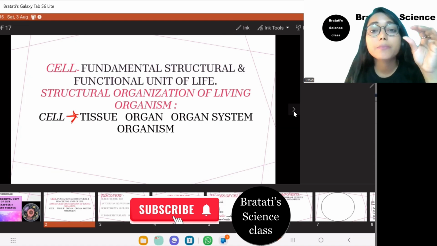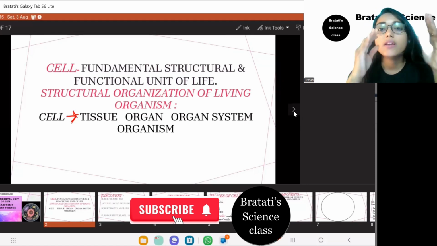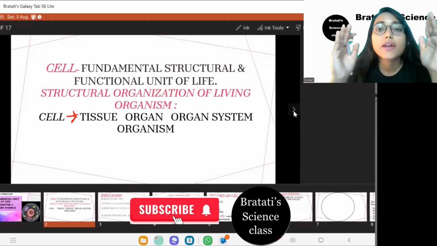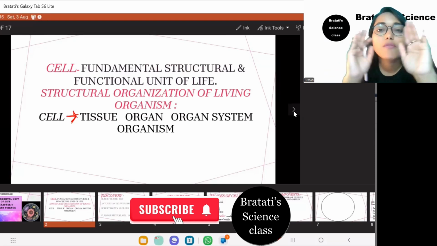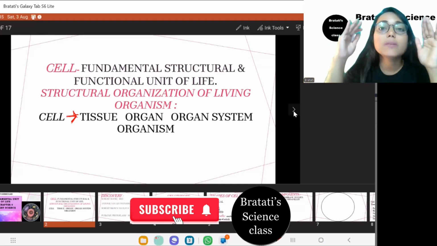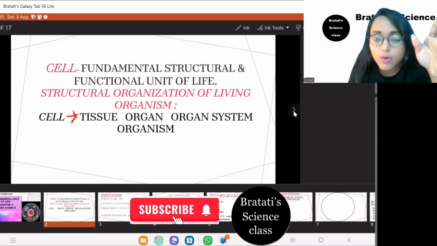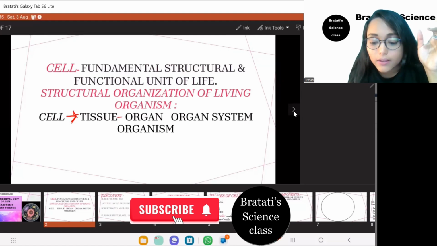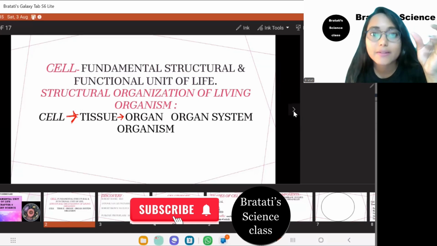Now tissue you can compare with one wall of a building. It's just one wall. Now like this, we need four walls to be together to make a room. Four walls and a roof will make one room. Now a few tissues together will prepare the organ.